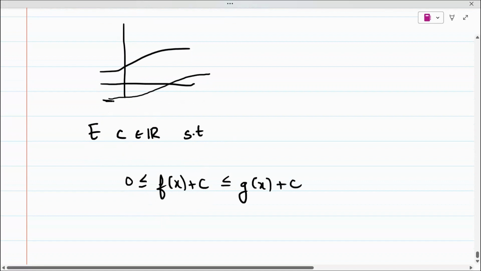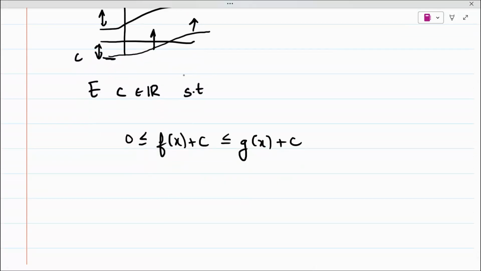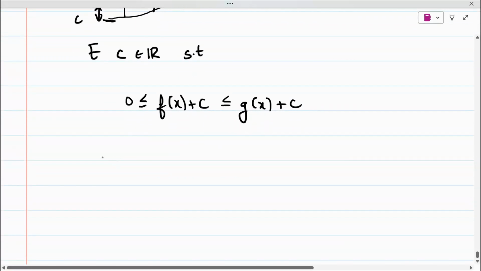Say, for example, c is bounded by the least value. Then the function becomes greater than or equal to 0, and every point shifts upward. So we have two non-negative functions, and say T is the area between f of x plus c and g of x plus c.